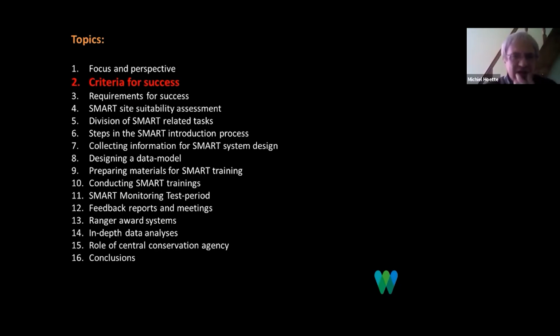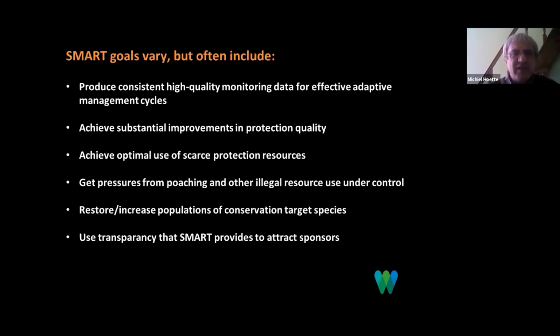So the second topic I would like to cover is the criteria for success. The goals of introducing SMART obviously vary from situation to situation, but usually there are these types of goals. You would like to have good and consistent high quality monitoring data from the patrols that you can use for management.